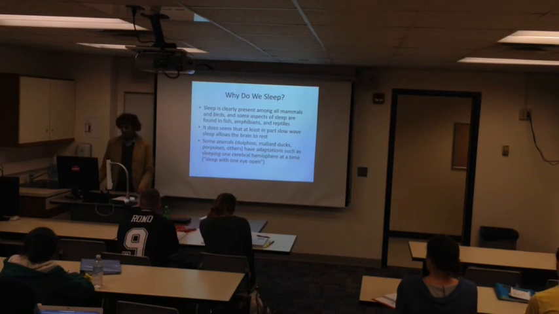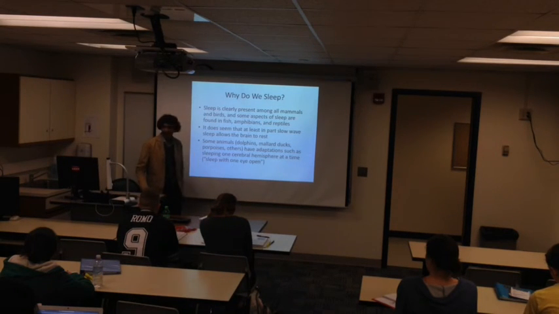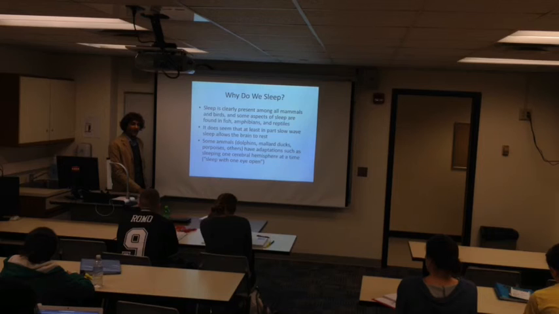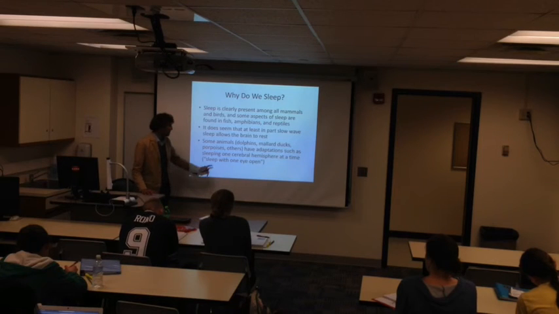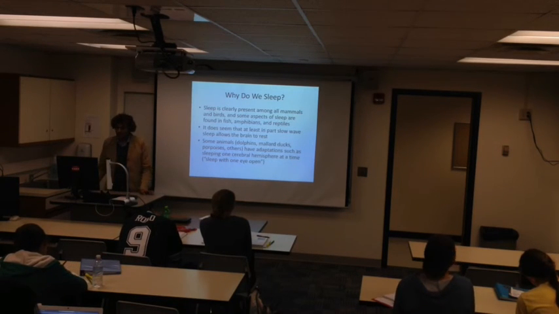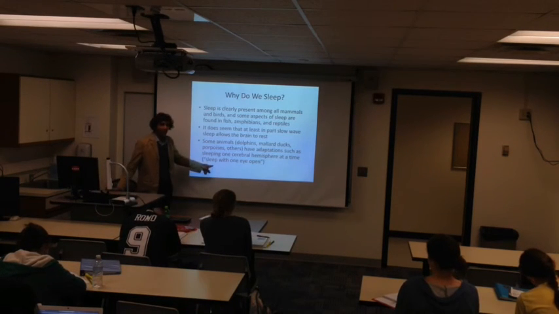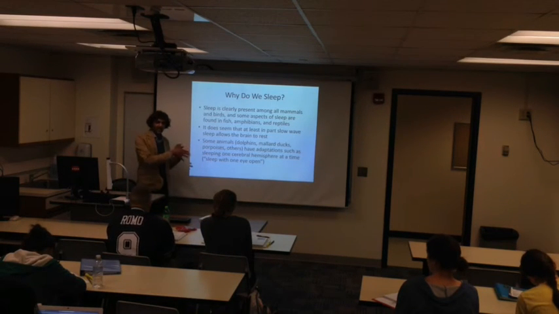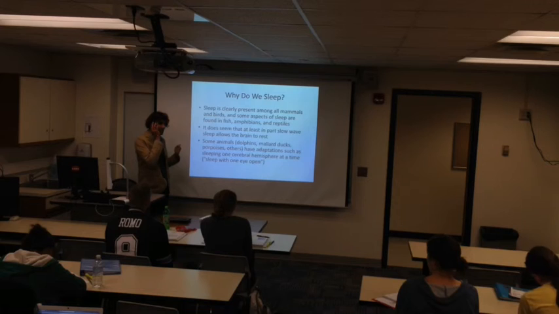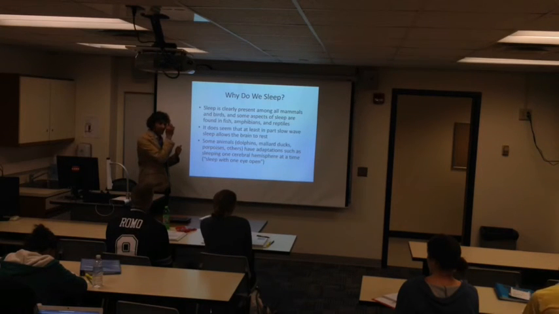Interestingly, some animals have adapted so that they sleep one half of the brain at a time. Remember we talked about the WADA? That's a test where you put half the brain to sleep on purpose to see what the other half can do. These animals can do that to themselves, and they sleep with one eye open. The contralateral eye is controlled by the opposite side of the brain: right side of the brain, left eye; left side of the brain, right eye.